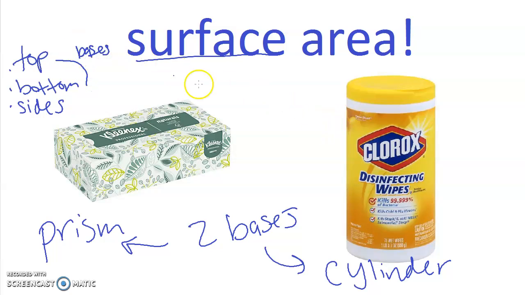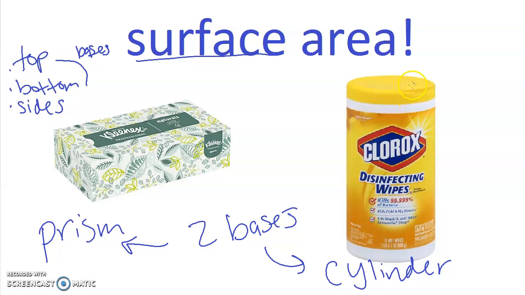Now we can apply the same exact components of surface area to the cylinder here, like this Clorox wipes container, which is probably very prevalent in your lives right now.